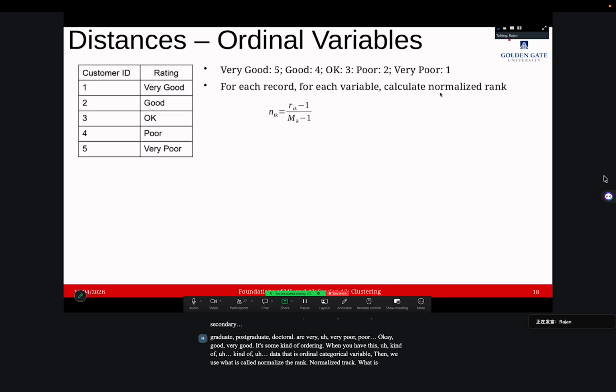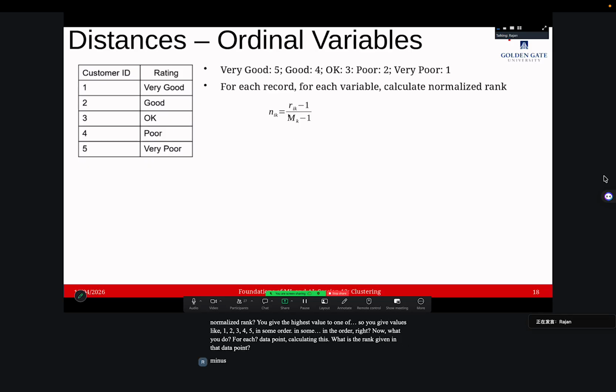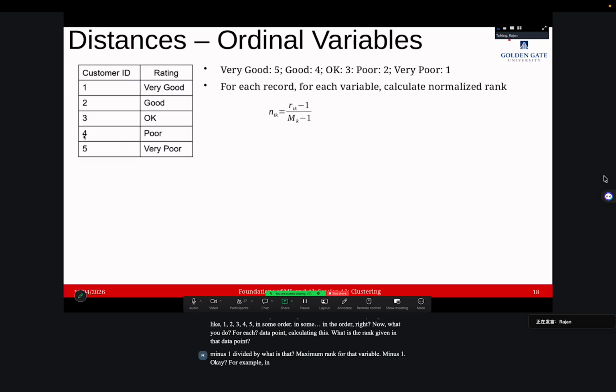What is the normalized rank? You give values like 1, 2, 3, 4, 5 in the order. Now for each data point, calculate this: the rank given in that data point minus 1, divided by the maximum rank for that variable minus 1. For example, in this case, let's consider customer 4. Customer 4 has given poor. That's the rating this person has given.